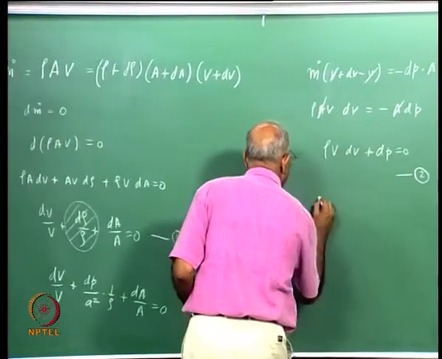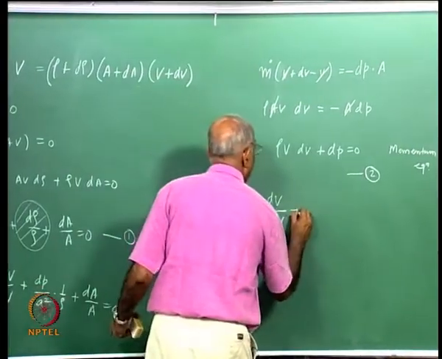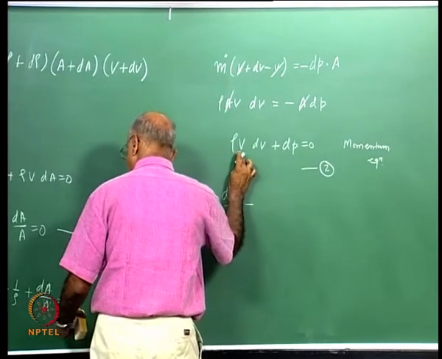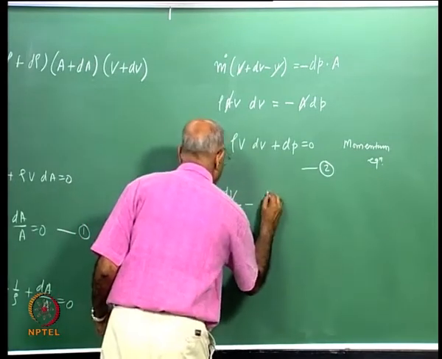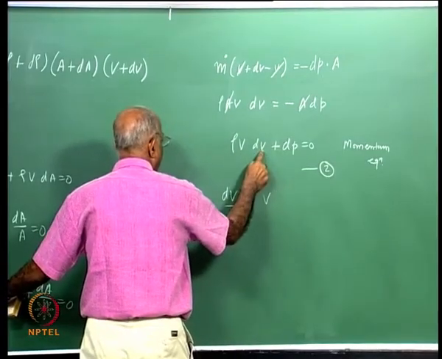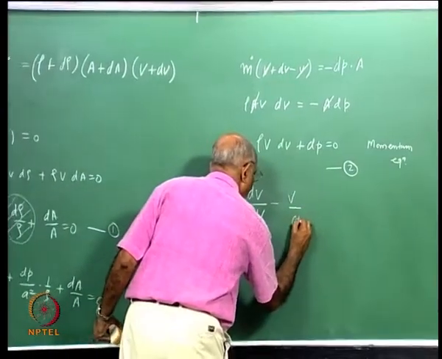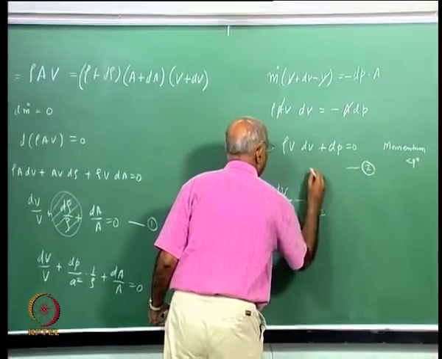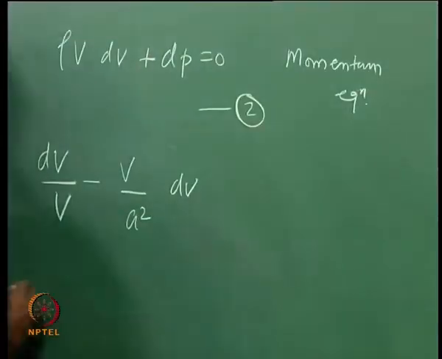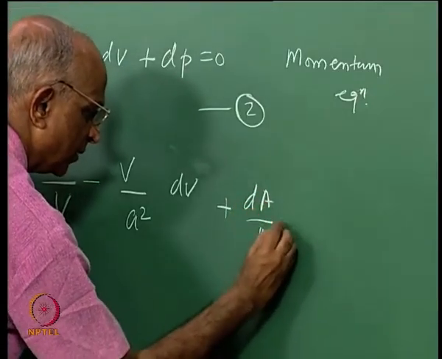I get dV by V plus, now I get minus because I have minus rho V dV, and rho gets cancelled, therefore I get V by A square into dV, plus the last term, dA by A is equal to 0.